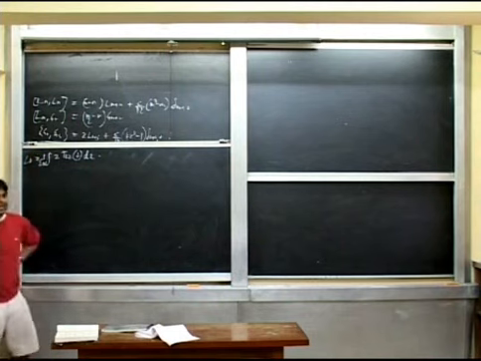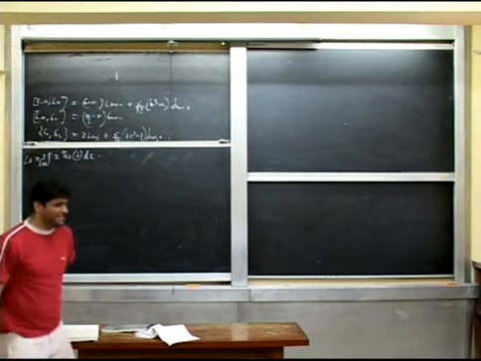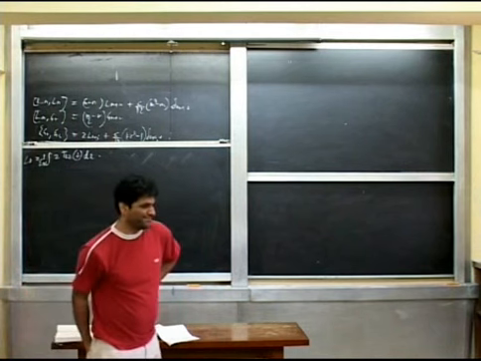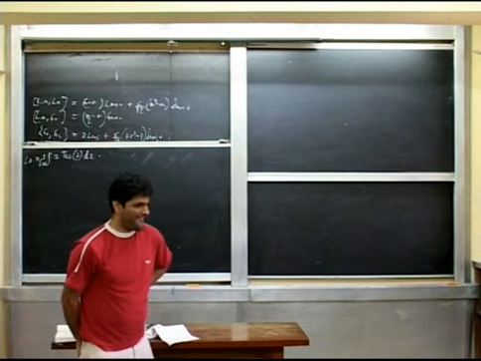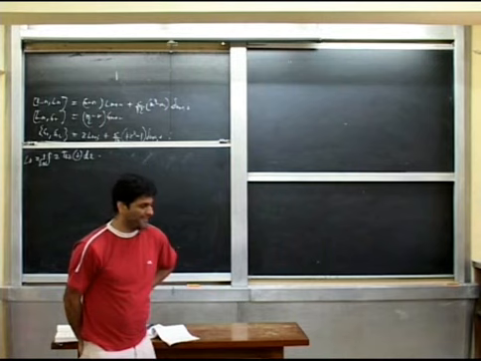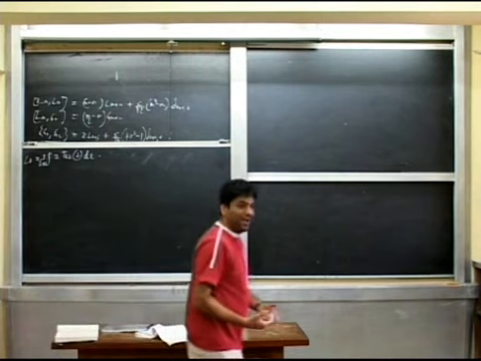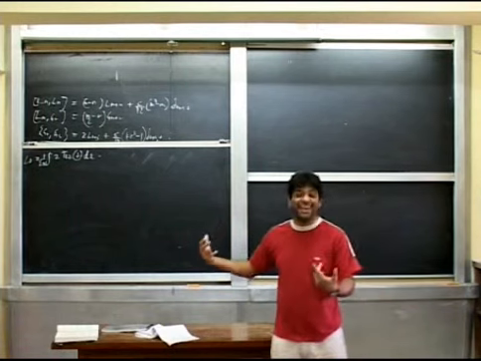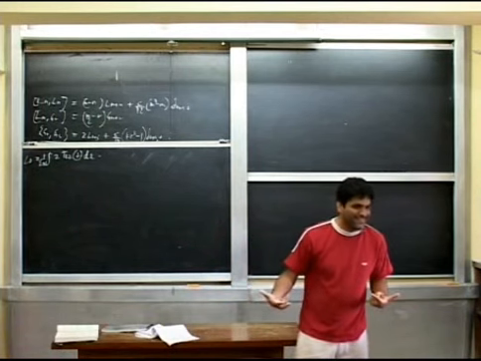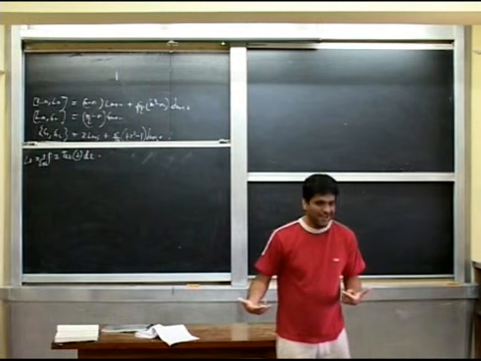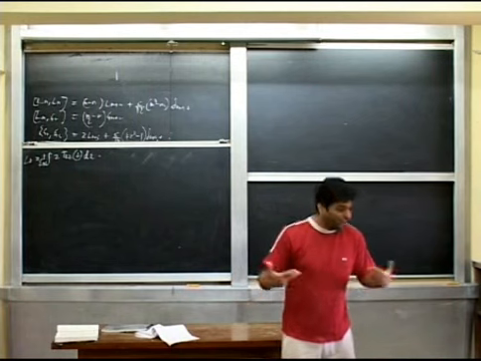Now how is this related to the energy of the cylinder? If T had been a true conformal tensor, this would have been the energy on the cylinder. But T is not a true conformal tensor.